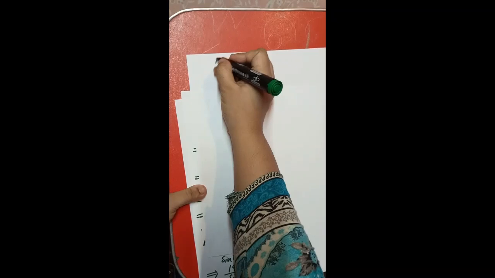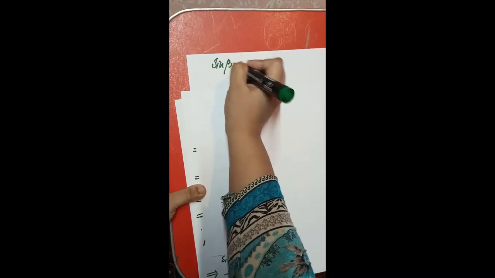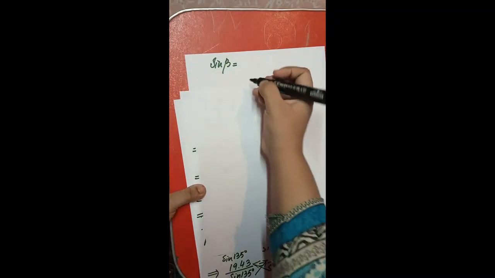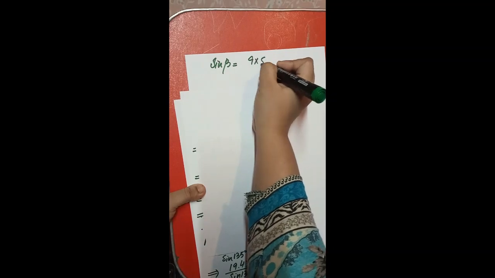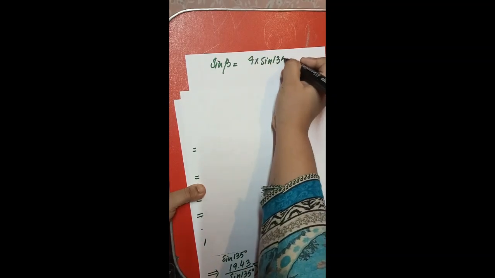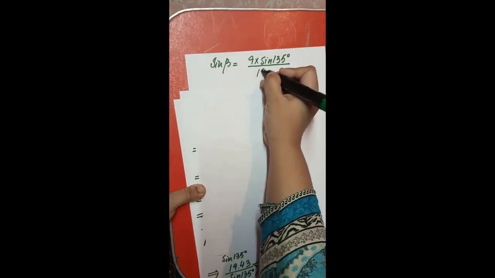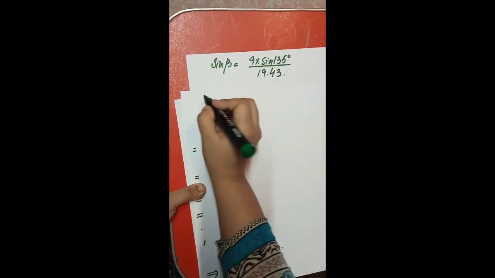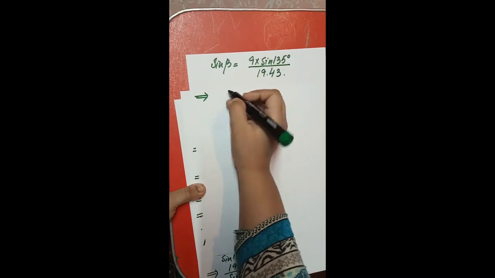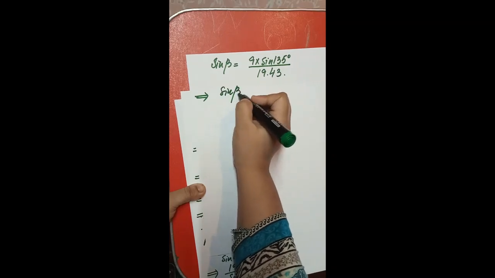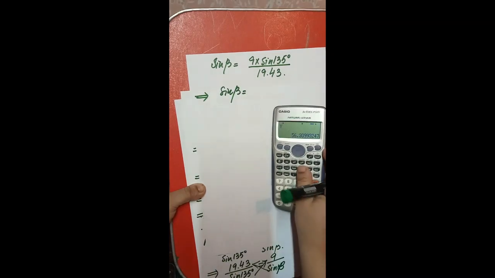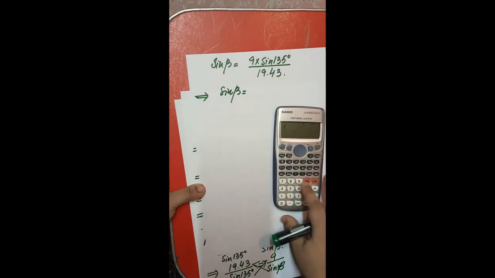So sine beta is equals to, after cross multiplication, 9 into sine 135 degree upon 19.43. So sine beta is equals to, we should multiply it: 9 into sine 135 degree divided by 19.43.